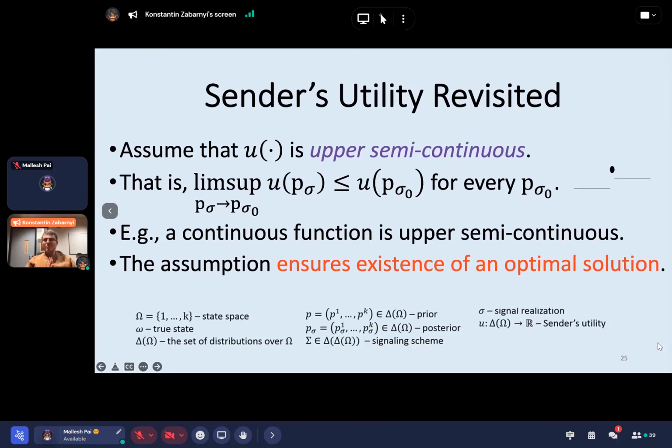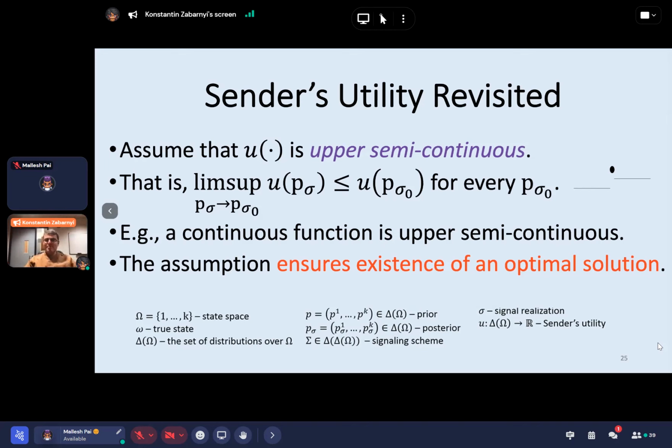We just introduce one benign assumption on the indirect sender's utility, which is upper semi-continuity. And as an illustration, you can see this graph of a function on the right side of the slide. Upper semi-continuity means that the lim sup of this function at any point must be at most the value at this point. In particular, for example, each continuous function is upper semi-continuous.